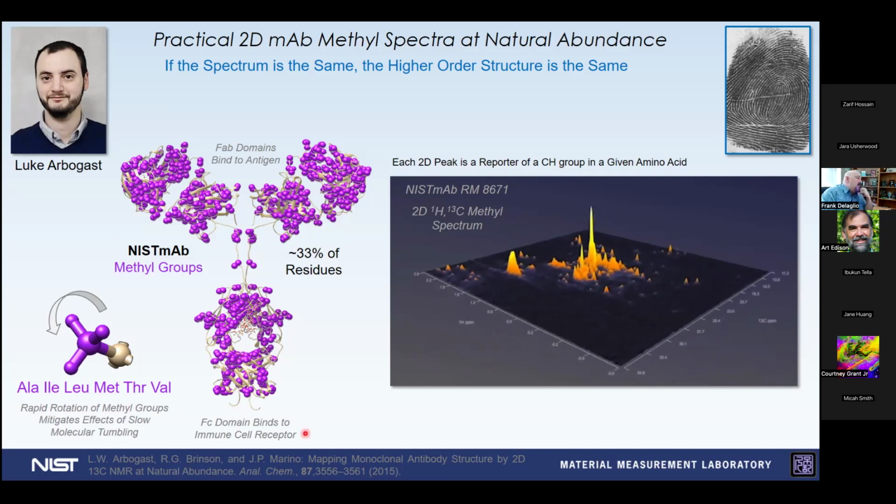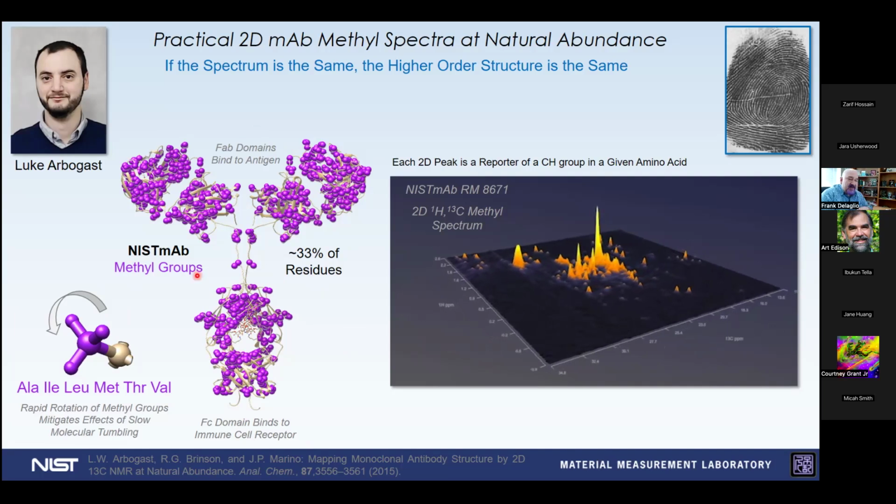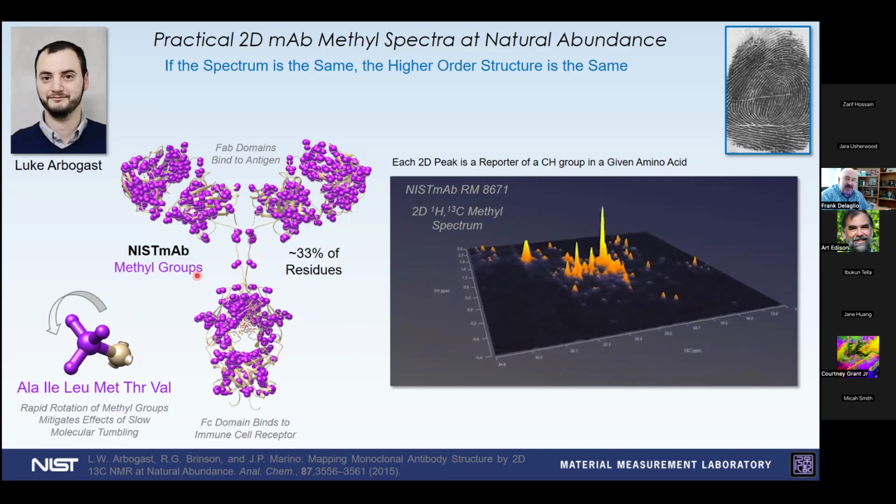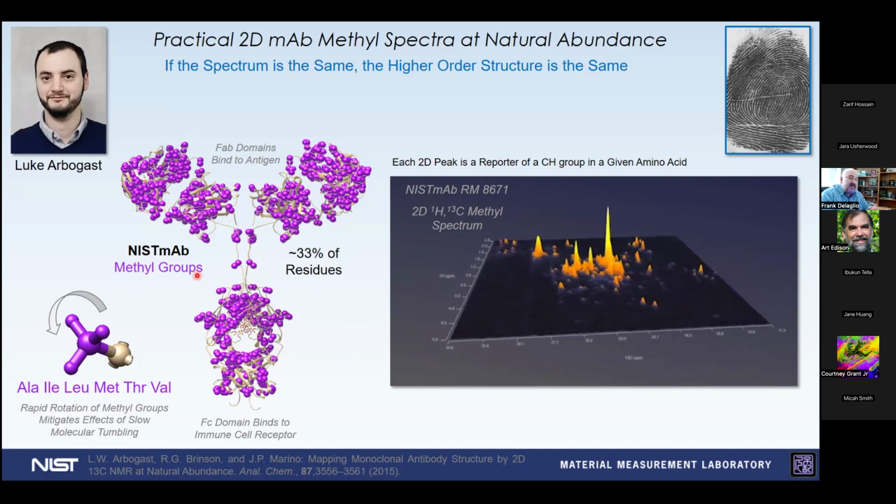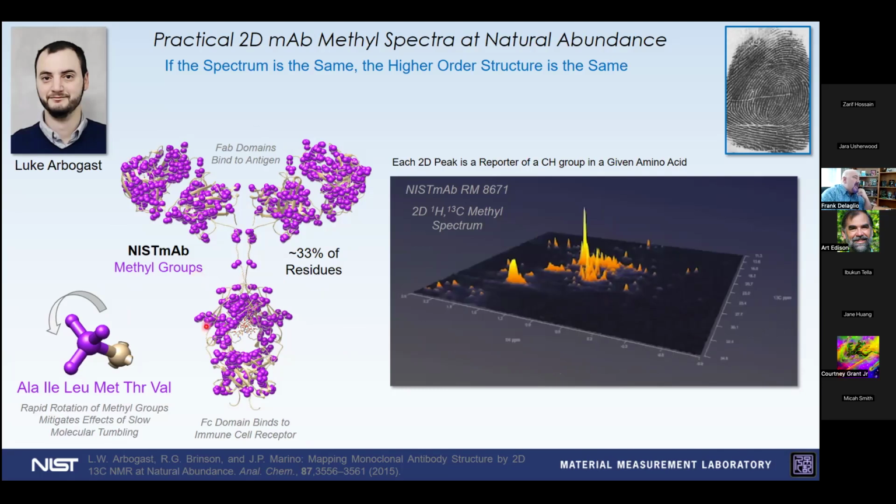Now, as we mentioned for small molecule drugs, when you know the covalent structure, you know everything there is about the molecule. But in the case of proteins, proteins have a particular amino acid sequence, but that sequence has to fold into a particular shape in order for the drug to have its proper activity.